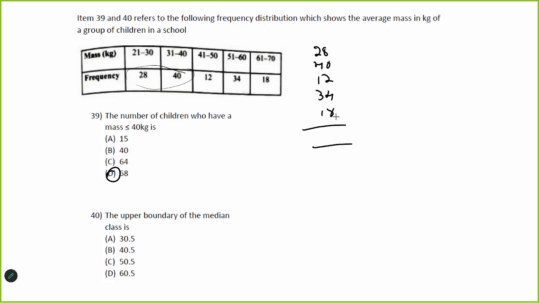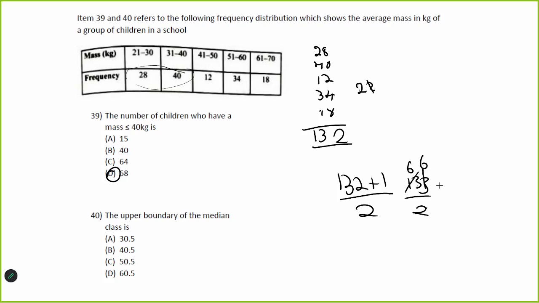8 and 8, 16. 16 and 4 is 20. 20 and 2 is 22. 2, 4, 6, 4, 5, 6, 7, 8, 9, 10, and then 13. 132. 132 plus 1 divided by 2 is 133 divided by 2. 2 into 13 is 6, remainder 1, that's 66, remainder 1, so that's 66.5.